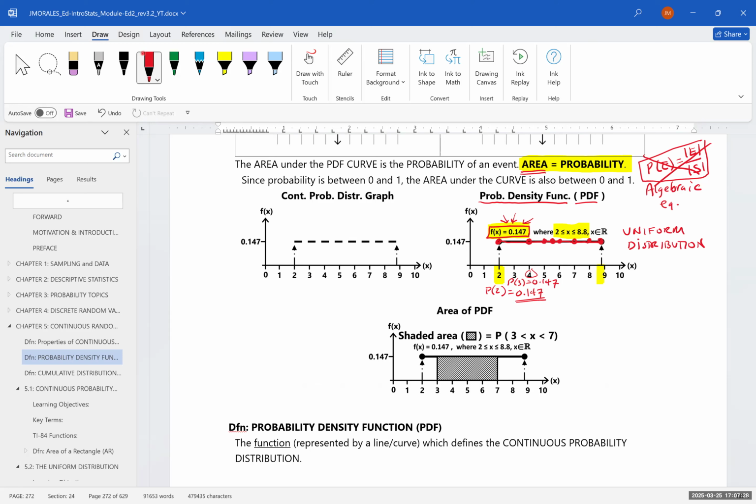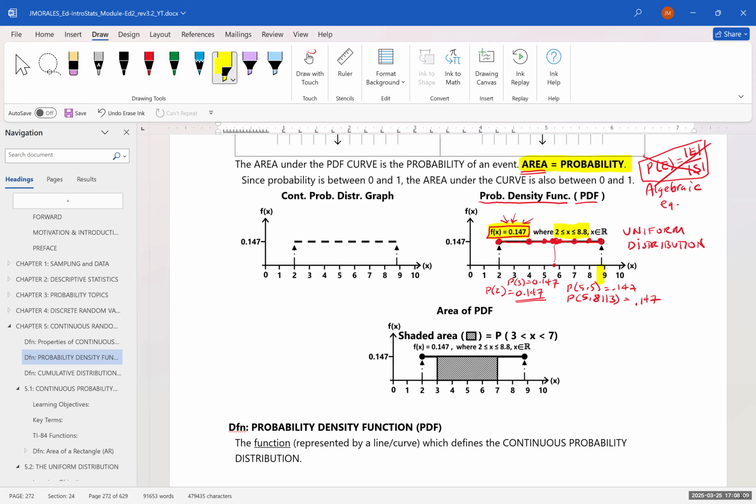Now notice that I was at first choosing these integers, 2, 3, 4, 5, 6, 7, 8. But then I said, well, what about the probability of 5.5? That's 0.147. What if I wanted the probability of 5.8113? Well, 5.8113 is going to be somewhere right about here. And if I go up, that's going to be 0.147 as well. So notice that I started with choosing numbers that were discrete values, countable values.